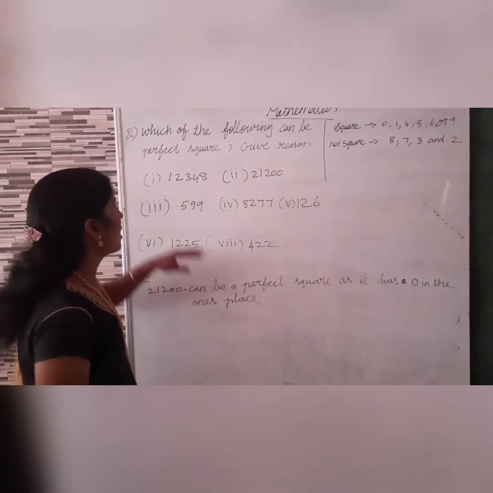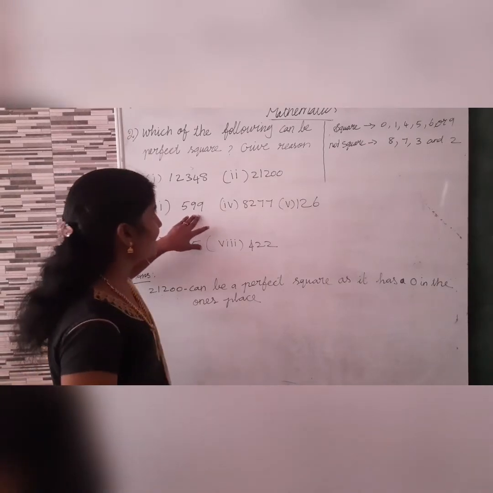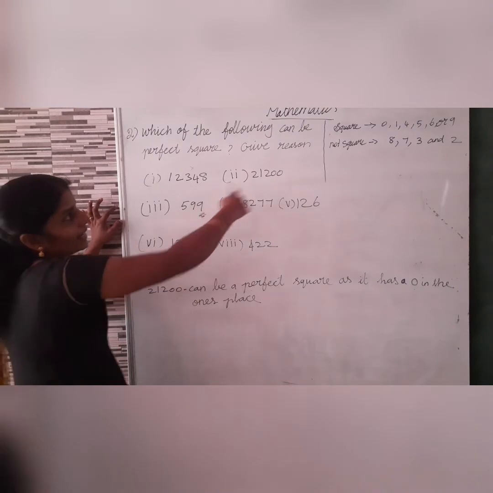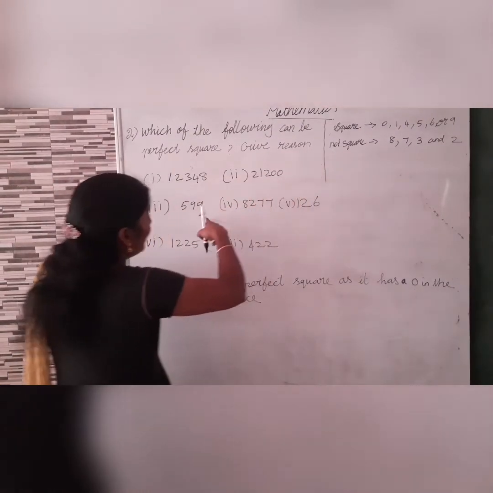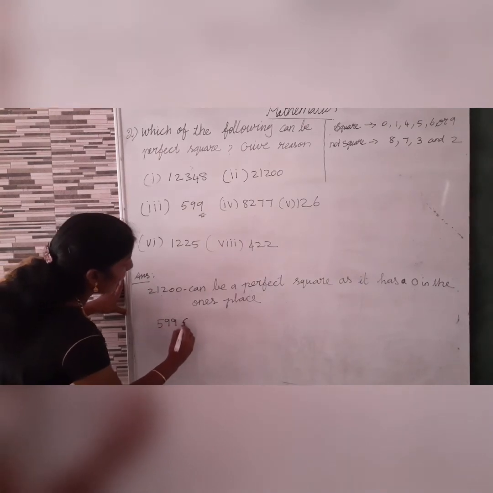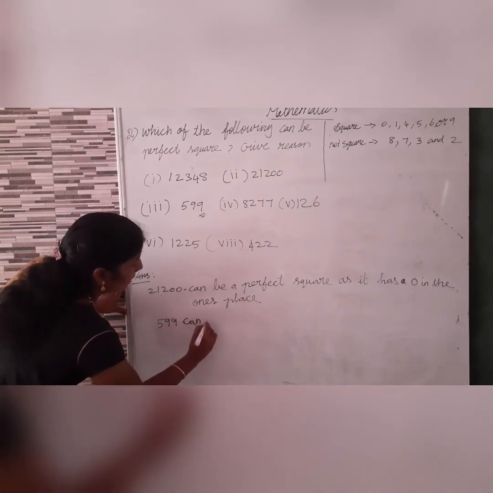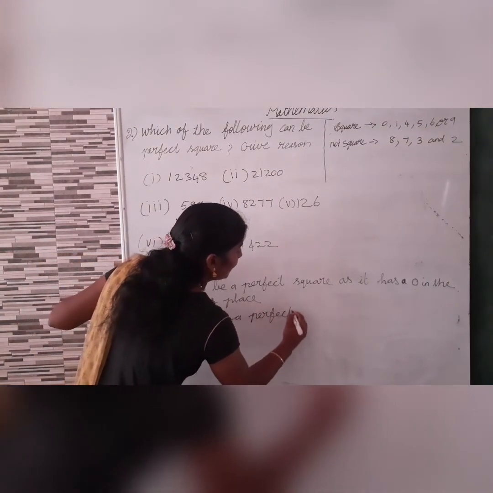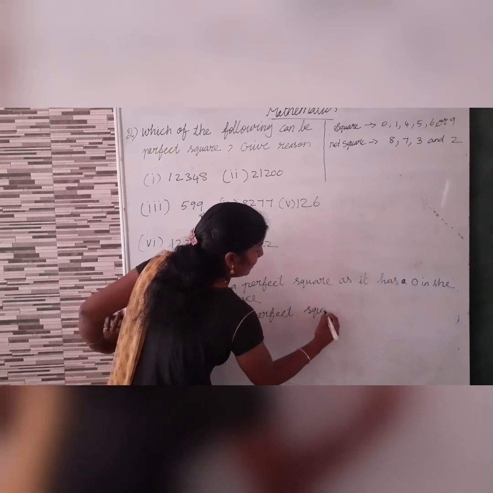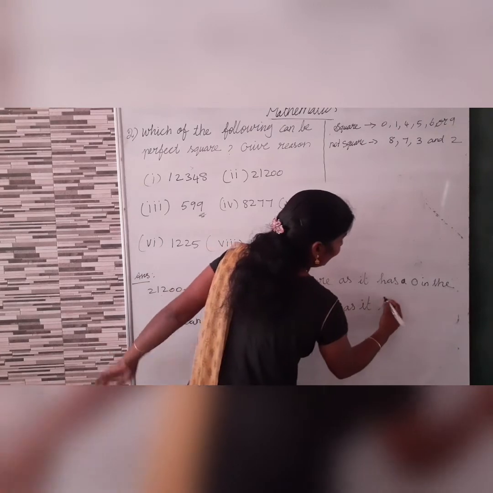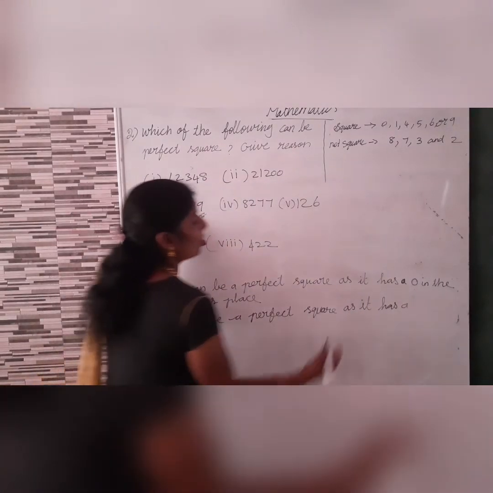Are you clear? Now, third one, 599. Here, ones place is 9. 9 means that it can be a square number. So, we can write, 599 can be a perfect square as it has a 9 in the ones place.